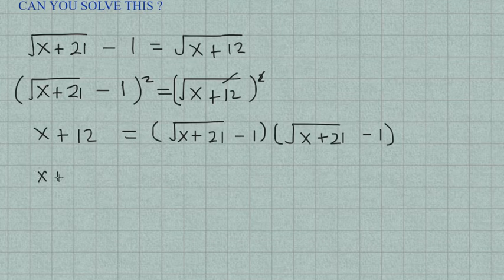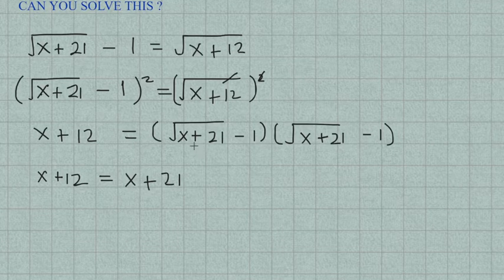We have x plus 12, then I'm going to multiply out this. We all know that a square root multiplied by a square root gives exactly what is inside the square root. It won't change, right?